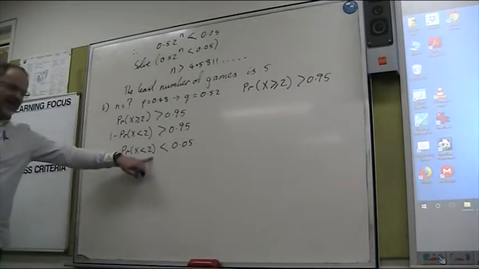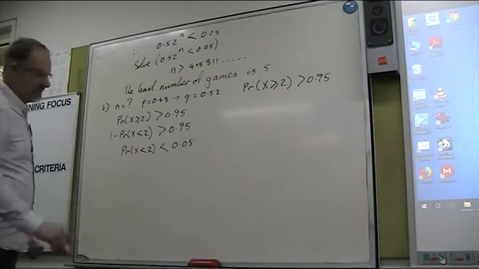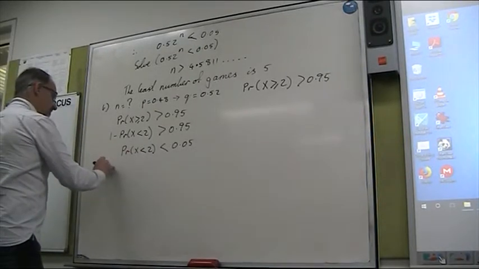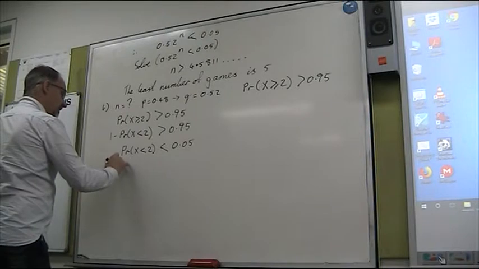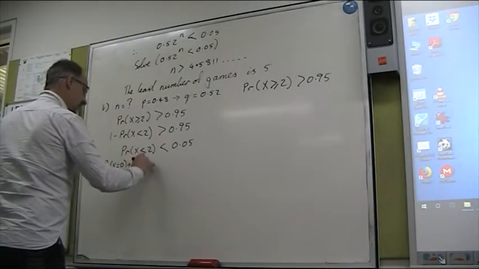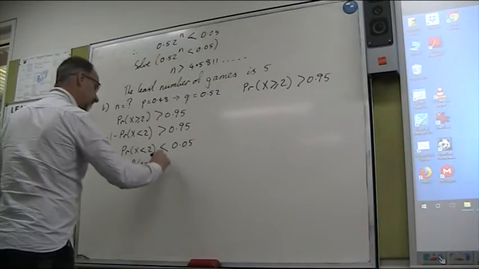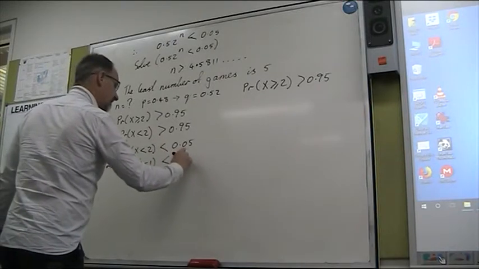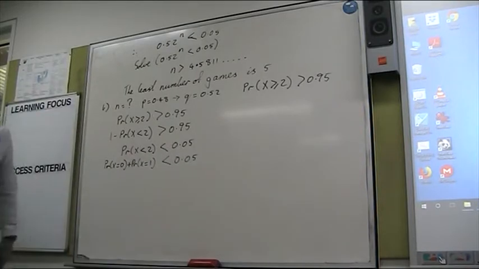Now, probability x is less than 2 is probability that x equals 0 plus the probability that x equals 1. And we want that to be less than 0.05.